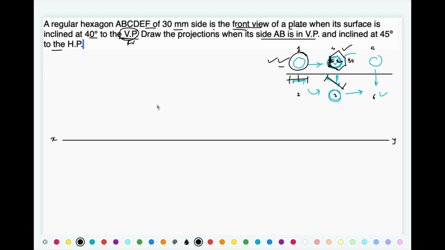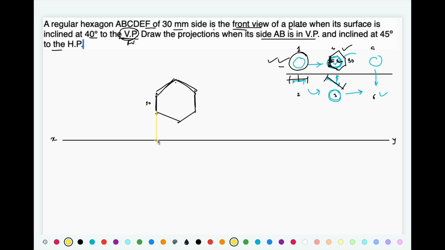so let's draw the solution for this one. So in step number 2 you are going to get a hexagon of side, what is the dimension, 30 mm. So this dimension is 30. Now that is in VP.